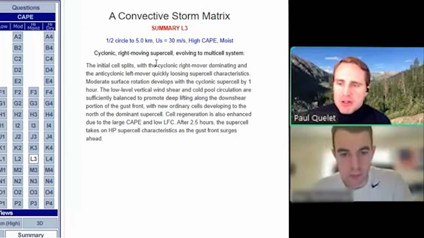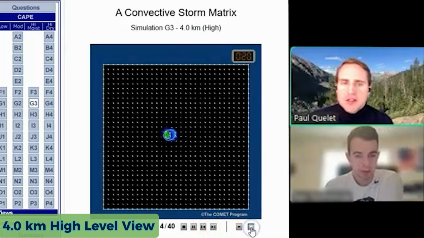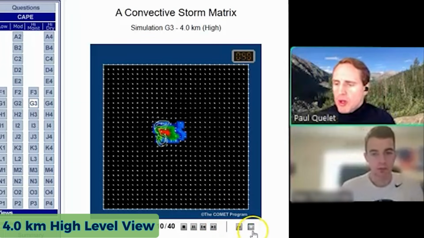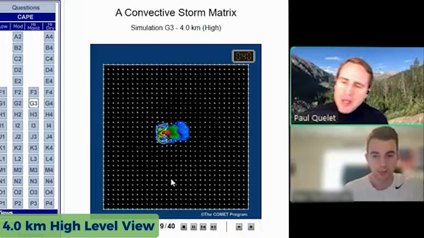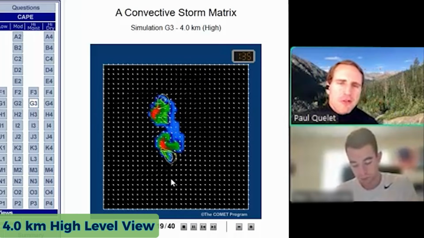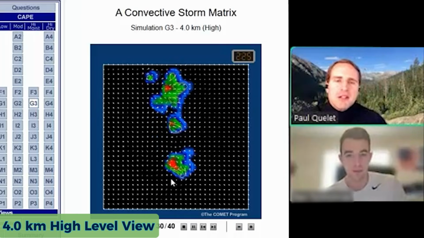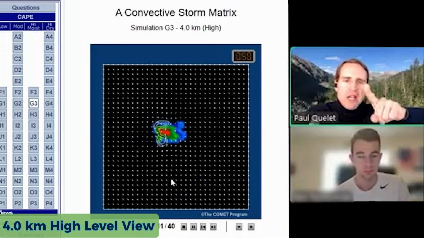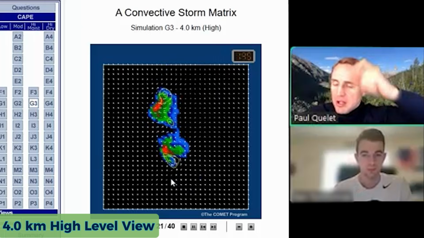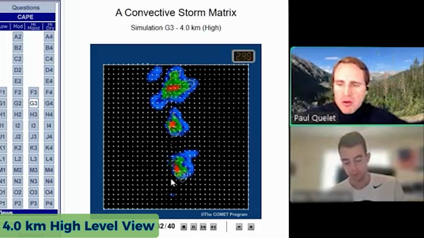They're not so slabular. So G3 is still 30 meters per second of vertical wind shear. We're going to now stretch it out all the way to 7.5 kilometers. So we have a supercell. Now, by the way, this is not a perfect apples to apples comparison because we have a rotation, but then we have a straight line Hodograph. So the rotation of P3 in the lower levels then has the straight Hodograph after that.